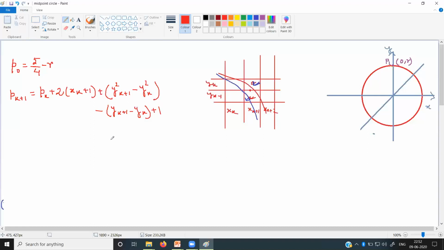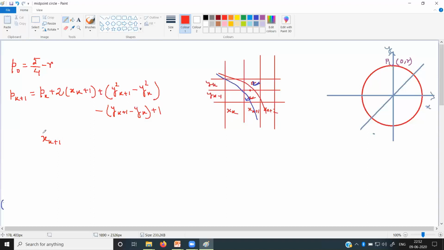Now, suppose we want to find out the y value for the k plus 1th iteration. At the k plus 1th iteration, the x value is x of k plus 1.